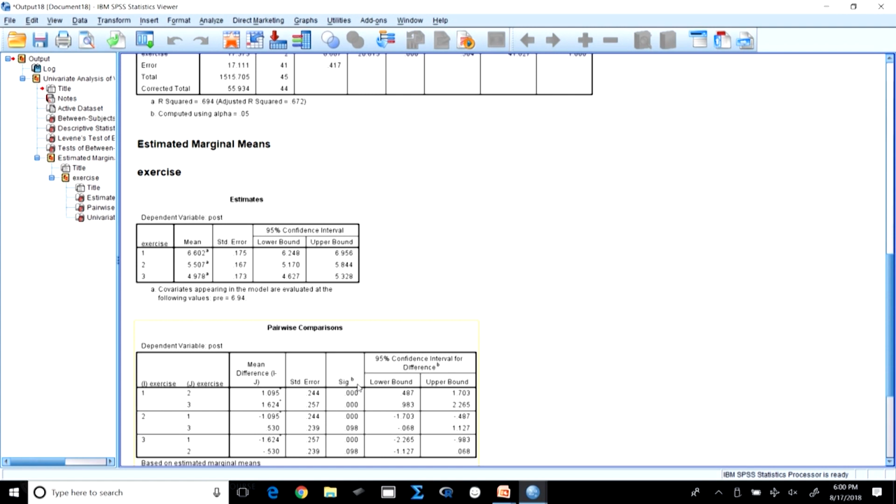So, 2 and 3, it is not coming significant, because the value is 0.098, that means much higher than 0.05, which we usually take for significance testing.